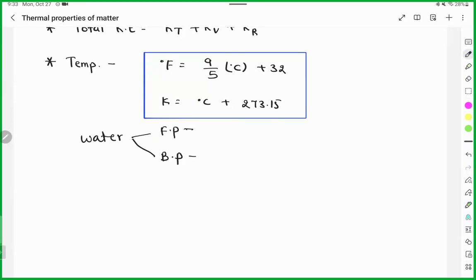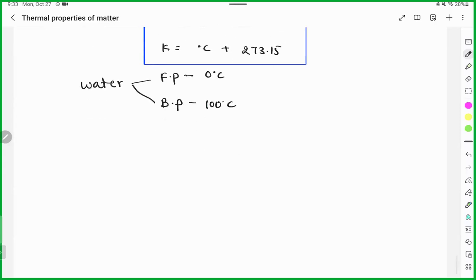Anvita, what is the freezing point of water? 0 degree Celsius. Pratigya, boiling point of water, 100 degree Celsius.